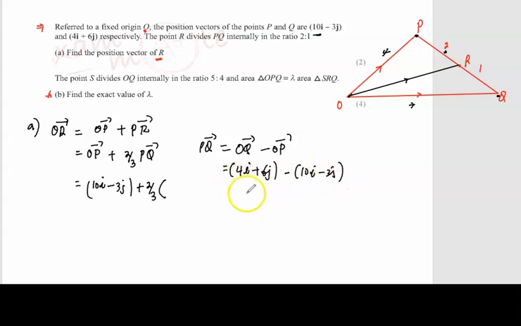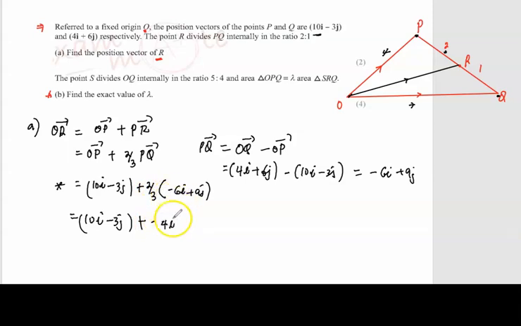That means PQ is a vector which is 4i minus this. So we have minus 6i, and 6j minus minus 3j is plus 9j. Now we come back to OR. You have 2 over 3 of minus 6i plus 9j. So we have 10i minus 3j plus, when you multiply, what's 2 over 3 times 6?